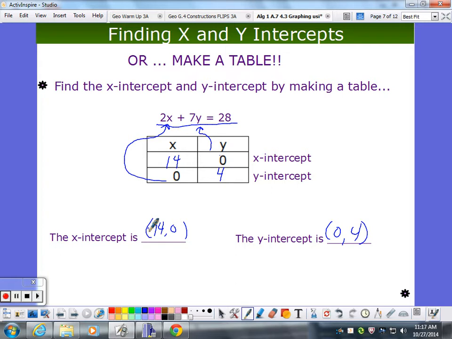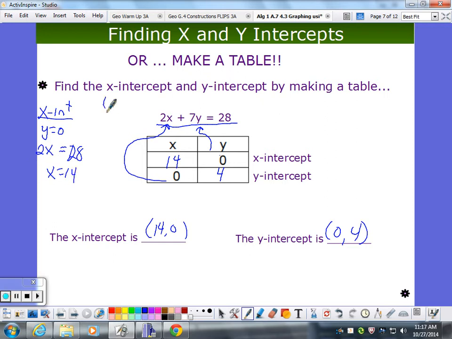I only plug them in one at a time. Oh, what an excellent point. Only plug them in one at a time. So I always write a little note here. Now I'm working on the x-intercept, which means y equals 0. So 2x plus 7 times 0, which is 0, equals 28. So x equals 14. Don't plug the 0 into both at the same time.